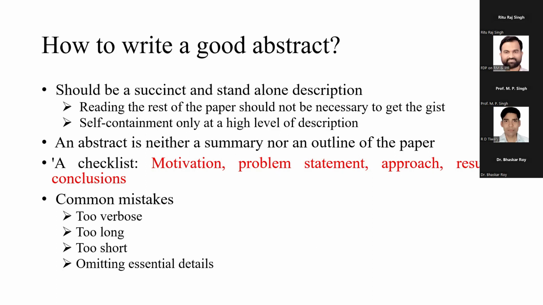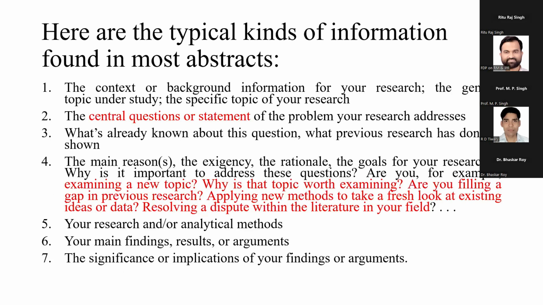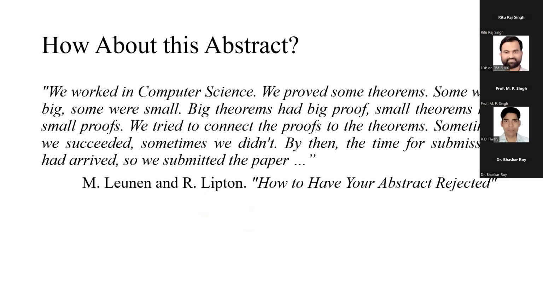Omitting essential details means you have written that you have proposed a solution, maybe in one or two lines, but you have not emphasized your achievement out of your implementation and experiment, that it has outperformed the state of the art work. So these are the different points you need to take care of while writing the abstract.